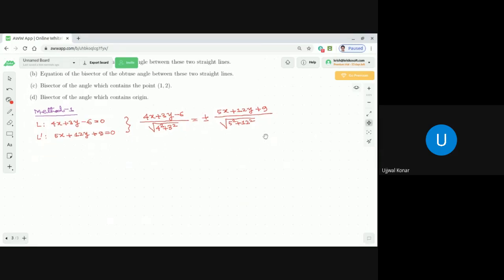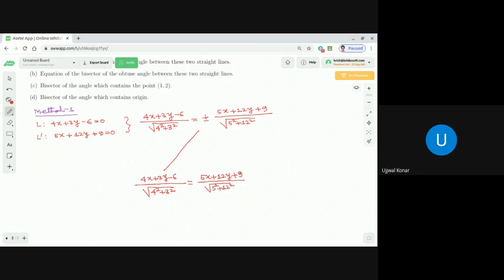If we take the plus sign, we get (4x plus 3y minus 6) divided by square root of 4 square plus 3 square, equal to (5x plus 12y plus 9) divided by square root of 5 square plus 12 square.